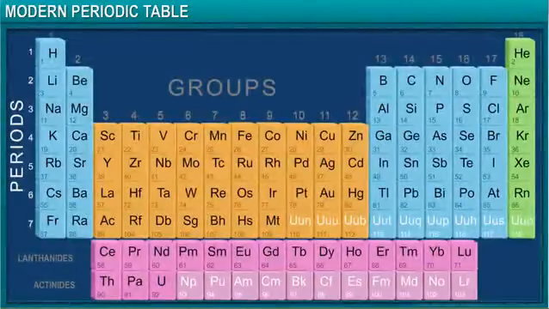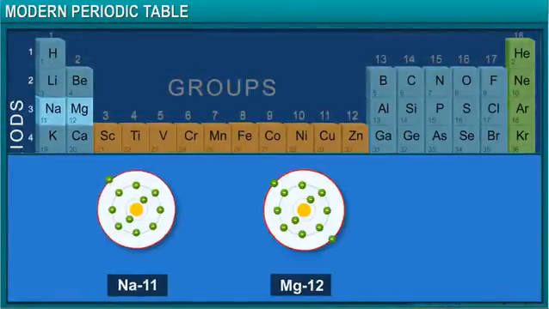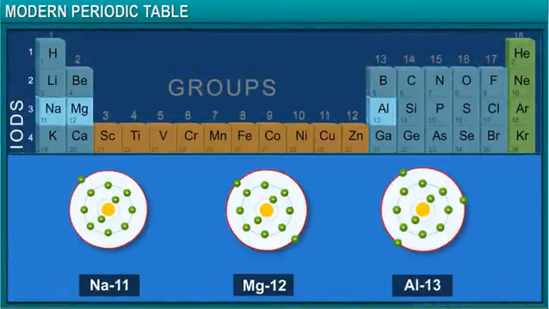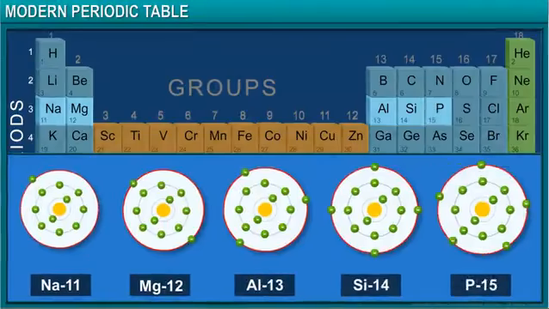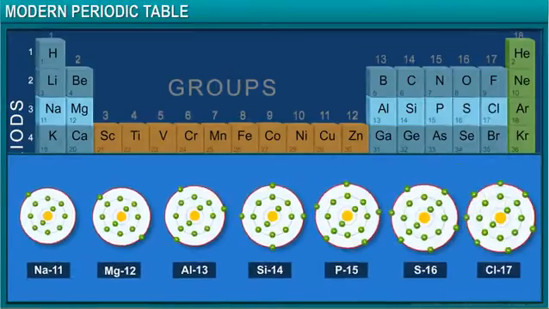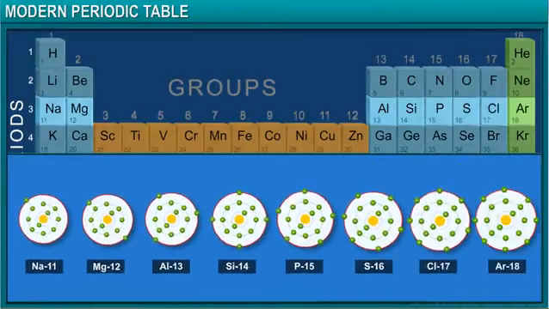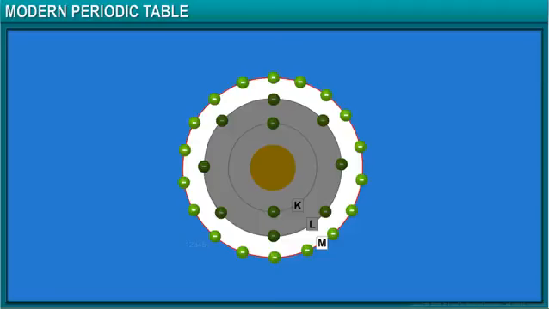For example, sodium, magnesium, aluminium, silicon, phosphorus, sulfur, chlorine, and argon belong to the third period of the modern periodic table, since the electrons in these atoms of elements are filled in the K, L, and M shells.